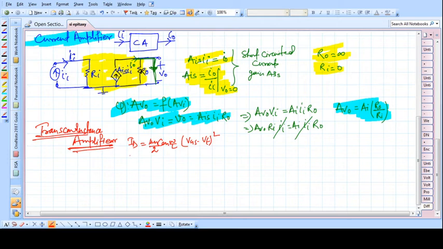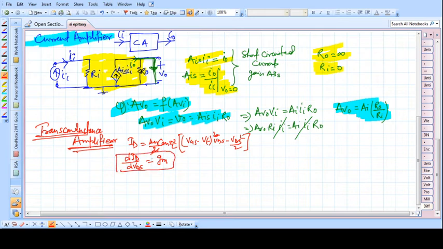And if we find del ID by del VDS, this one is the saturation case. For the linear case we can write (VGS minus VT) into VDS minus VDS square by 2. If we find del ID by del VGS, it is simply our transconductance.